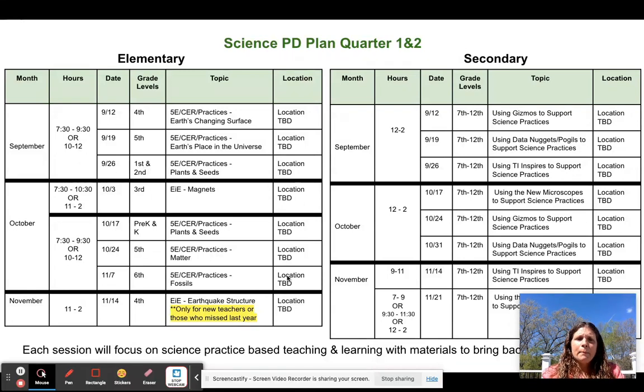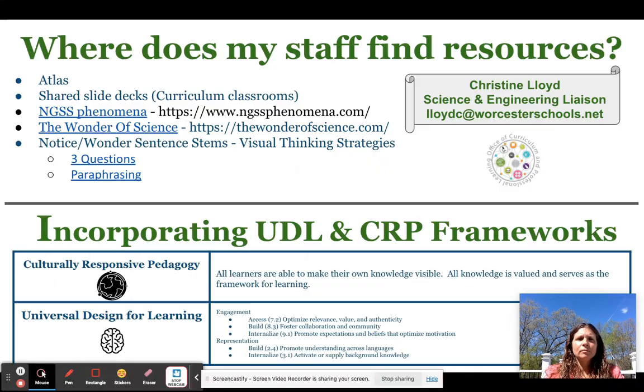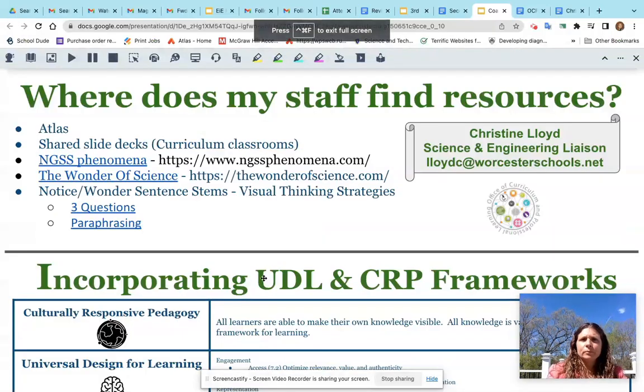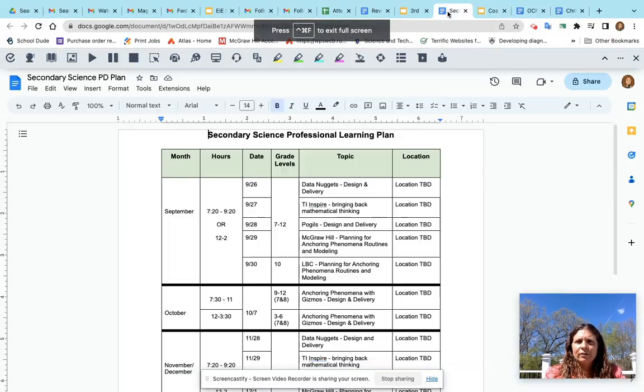My plan for elementary is always to have 2 units per year per grade level to be able to focus on our 5E, our claim, evidence, and reasoning, and our science practices. And then here again, they'll have where they can find resources, thinking about our bigger district goals of UDL and CRP.